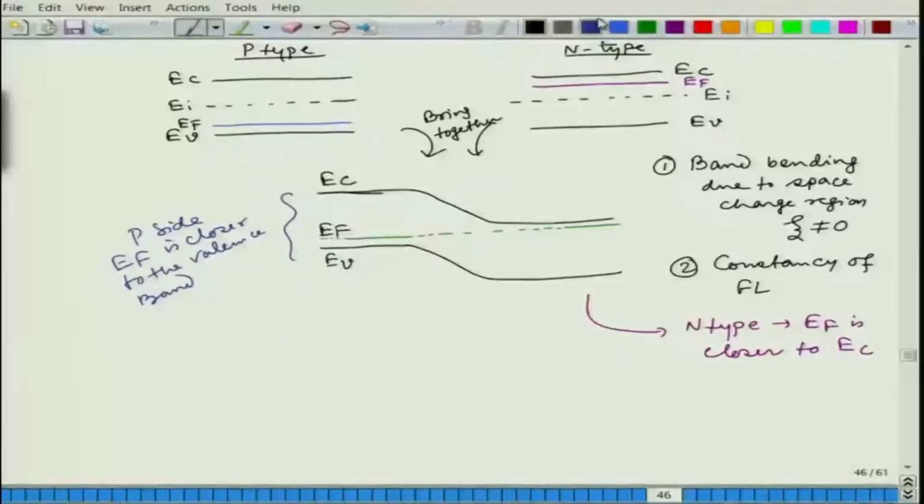And you can also draw here the intrinsic Fermi level, which always goes in between the conduction band and valence band, just in the middle of it. So, you can write the intrinsic Fermi level as EI at the middle of it, and it gets bent as well.